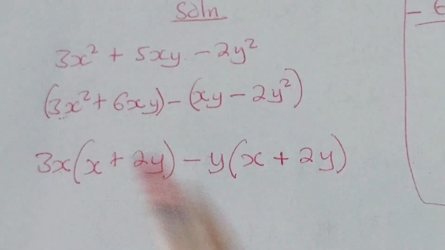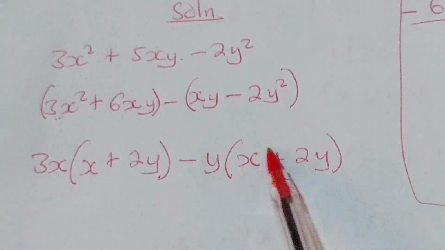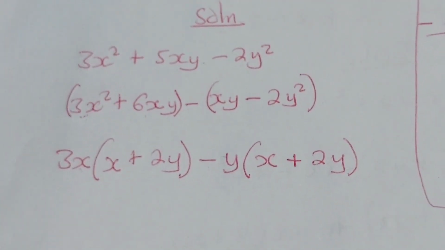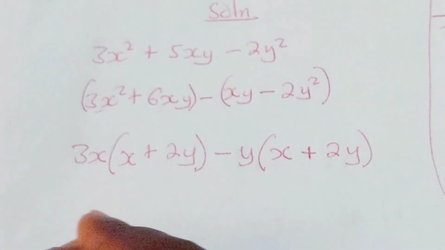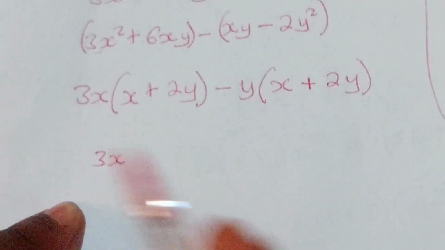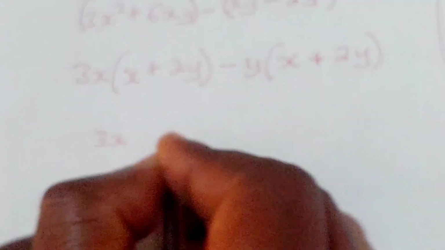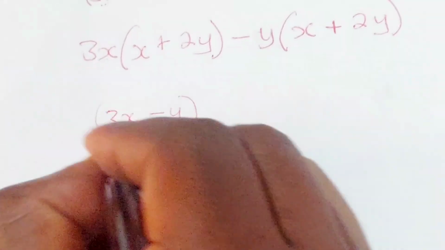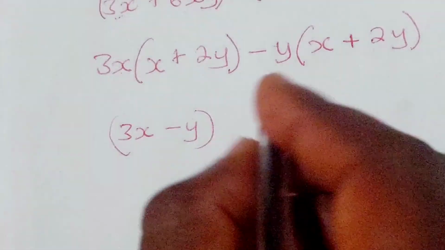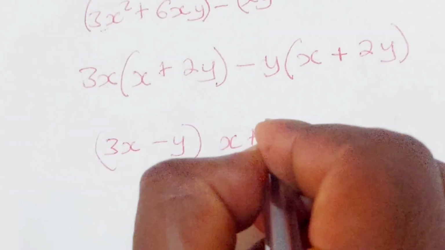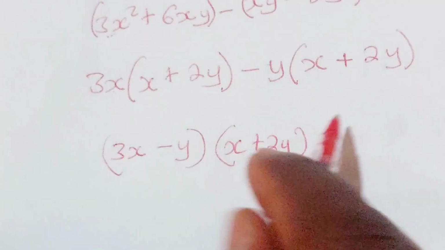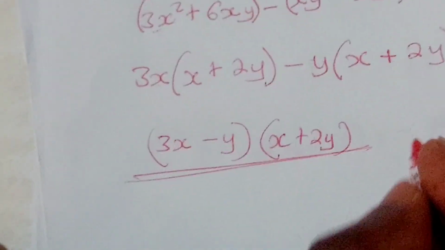You will notice that these two brackets contain the same item. So those appearing outside the brackets should have their own group. So it will be 3x minus y. Then we just pick one bracket because it's the same, then we put x plus 2y, and we close the bracket. Reaching this point, we have factorized completely.